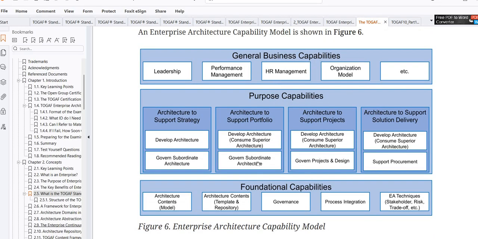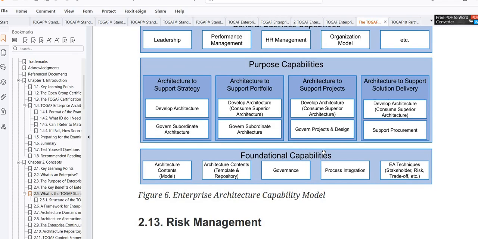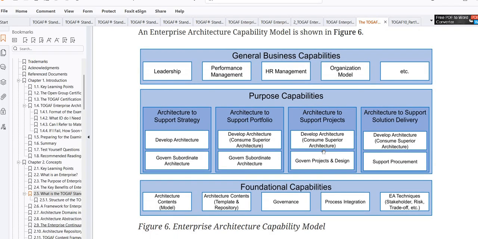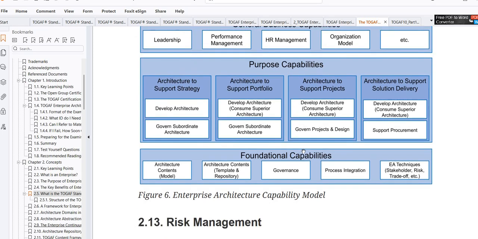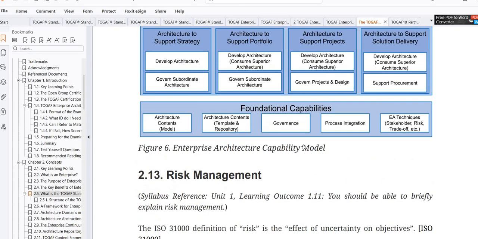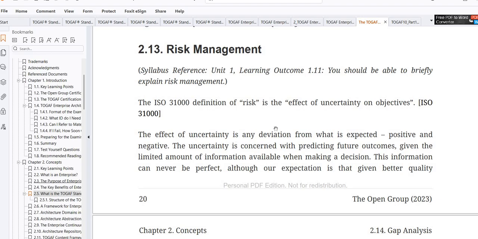So this is the enterprise architecture capability model. The three are very important when you come to the enterprise capability: generic business capability, purpose, and foundational, or fundamental, capability. Fundamental capability covers governance and process integration, as defined here.